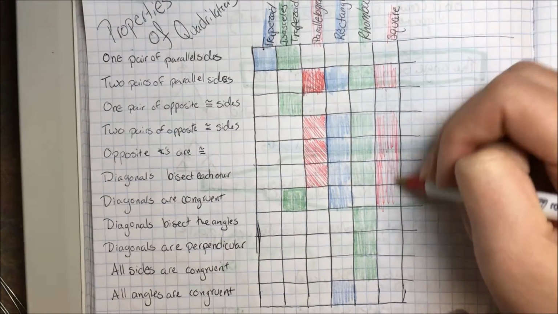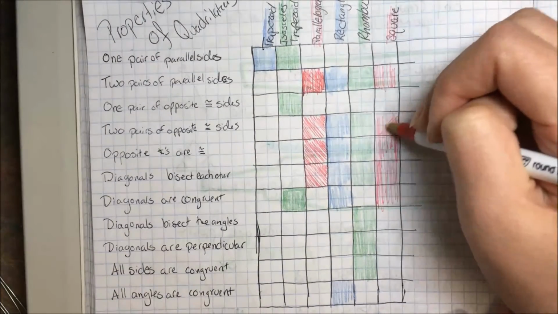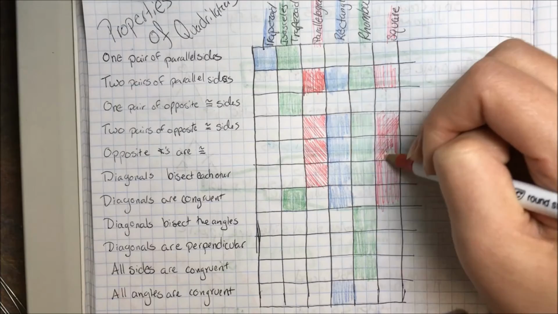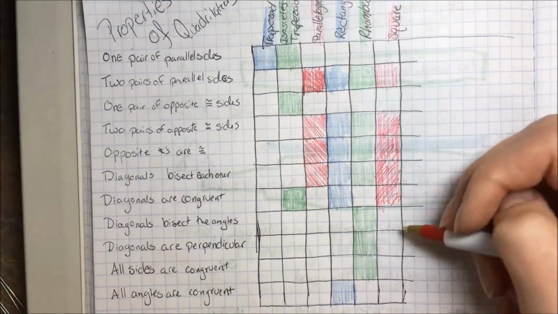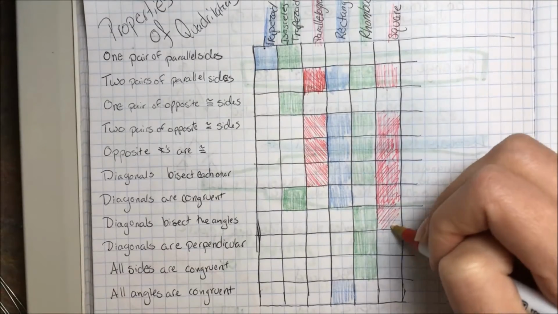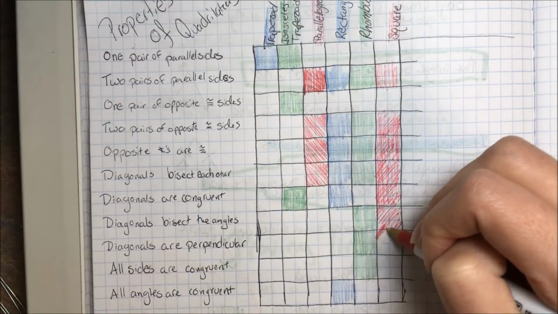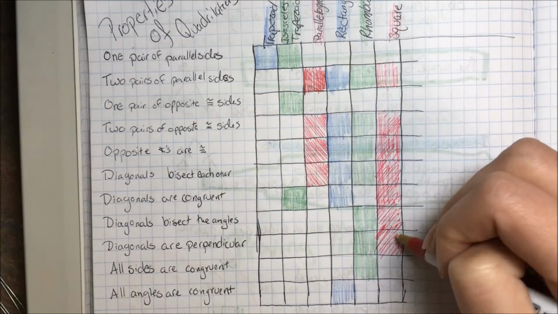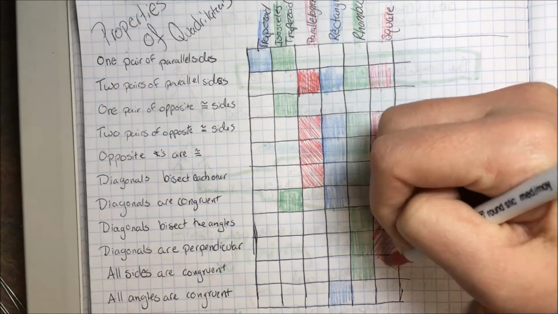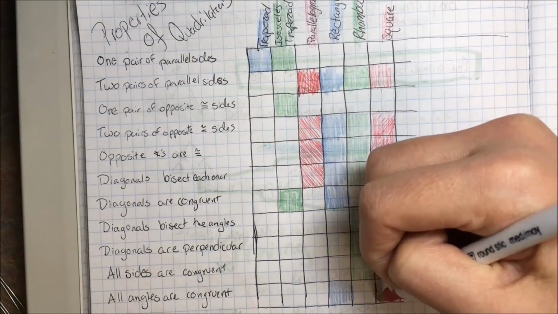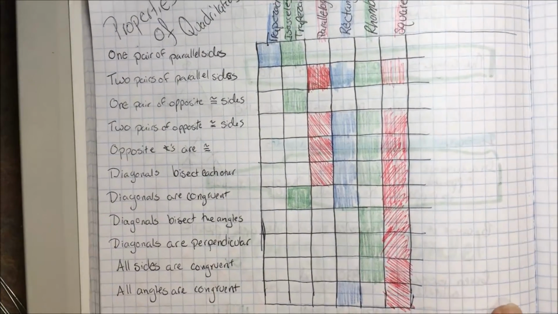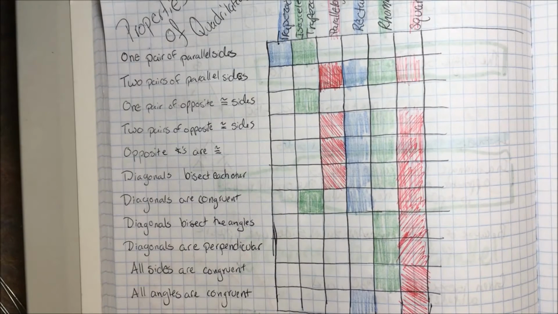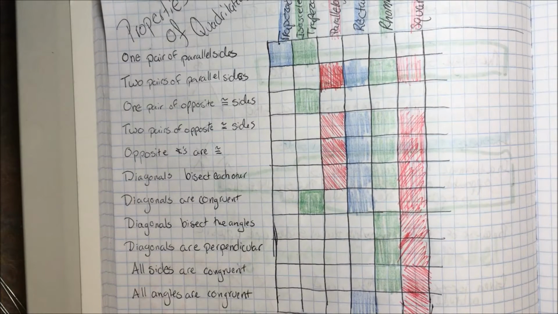So I'm literally going to color in all of the squares except for these two at the top. Okay. So that's our nice little chart of all the properties that are the same.